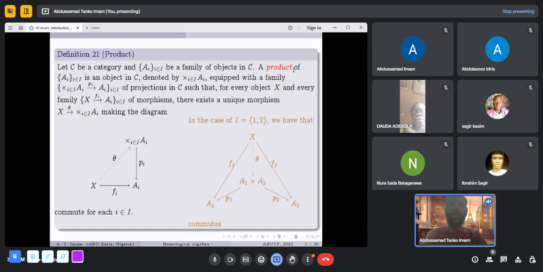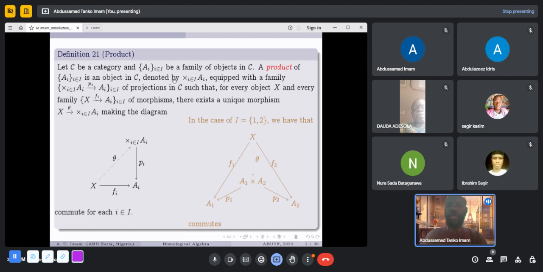Then a product of that family is a new object in the category, denoted like A1, A2 up to An, but the fact is that this index set is not necessarily countable. So you just have a family, and the product is a new object which we can denote by this, equipped with a family.